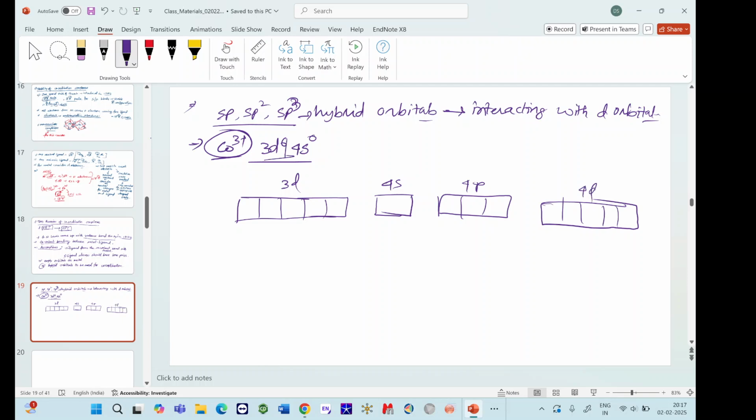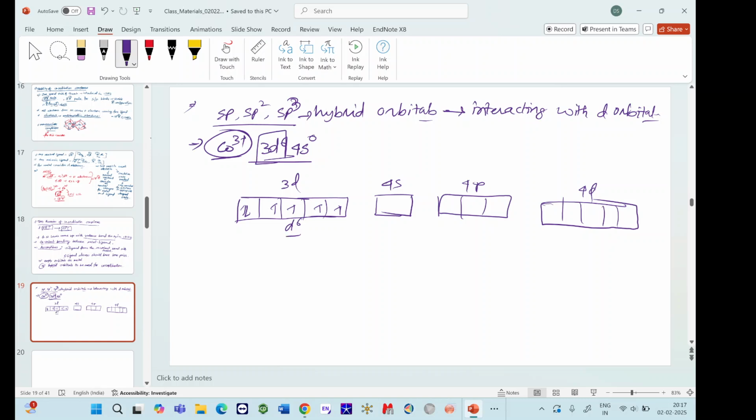So 3d6. If they are filled like this, as per the Hund's multiplicity, all the orbitals will be filled by one electron. Then if anything is in excess, it will go in the reverse direction. So now this way it is filled, this d6.